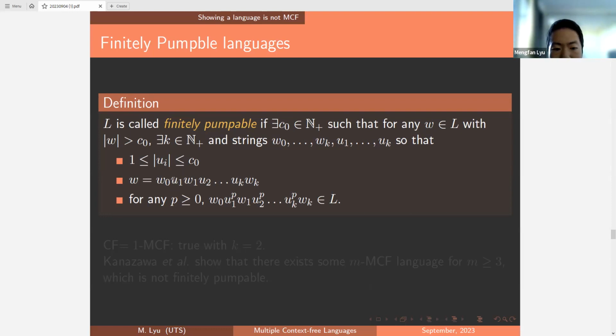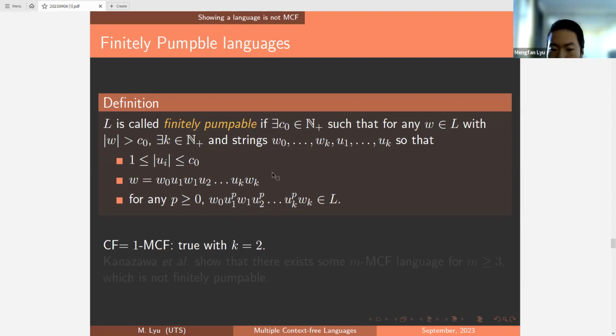And we can just pump the u parts. So the pumping lemma we talked about for context-free languages shows that a context-free language, which can also be regarded as a multiple context-free language, is finitely pumpable.